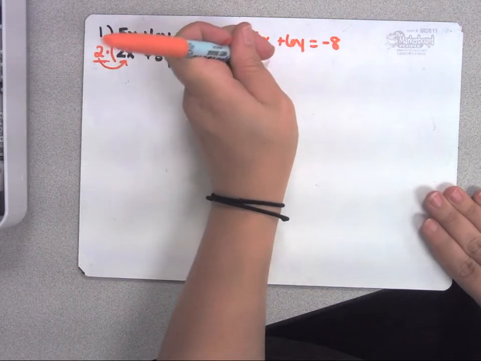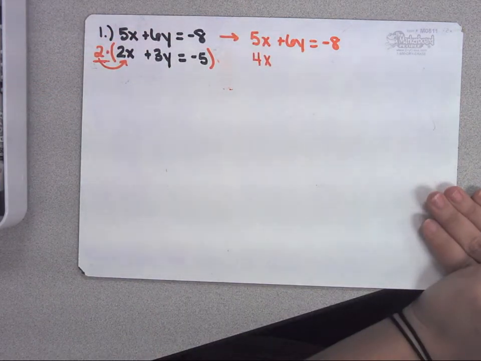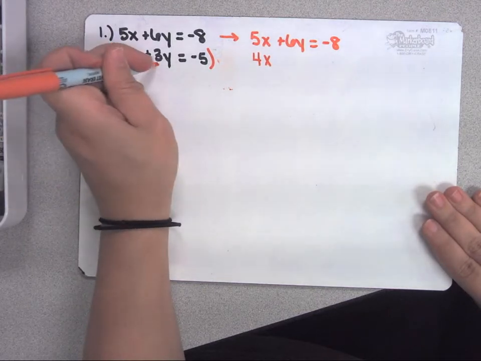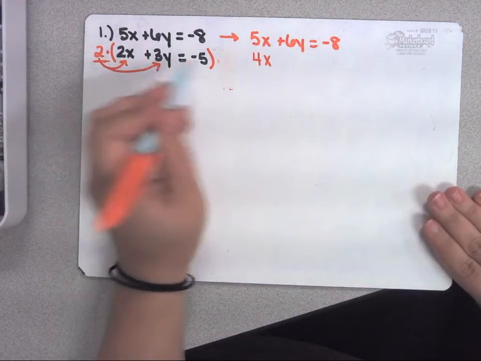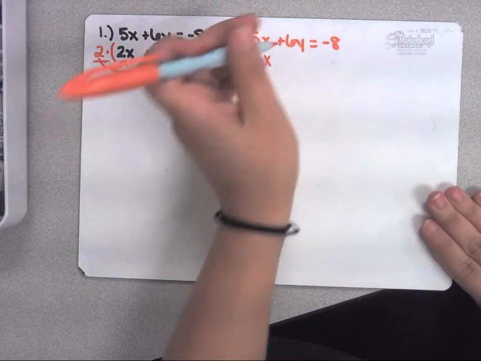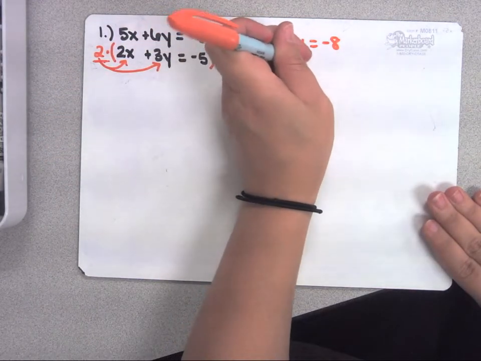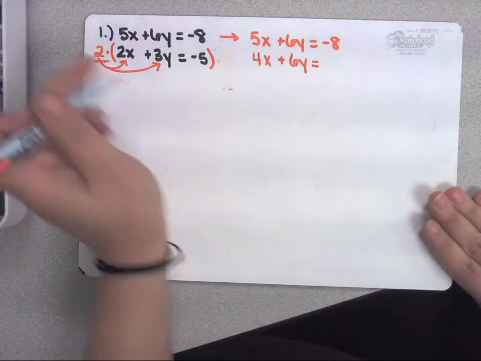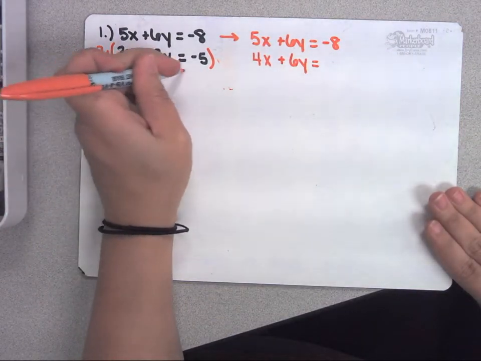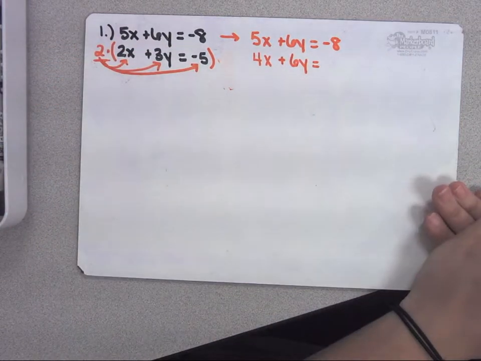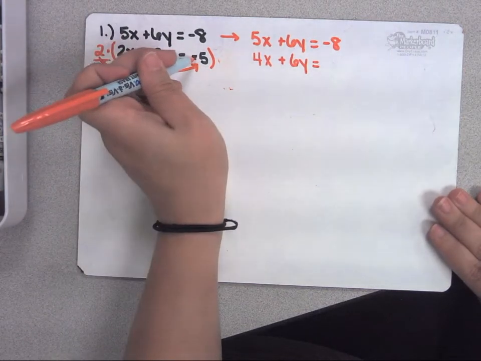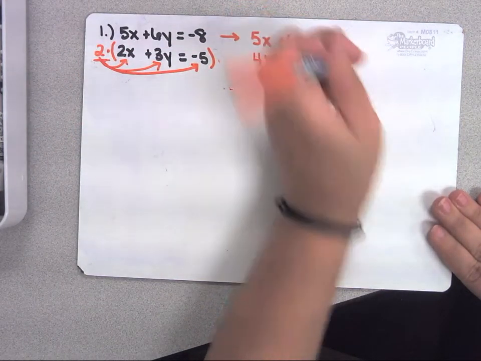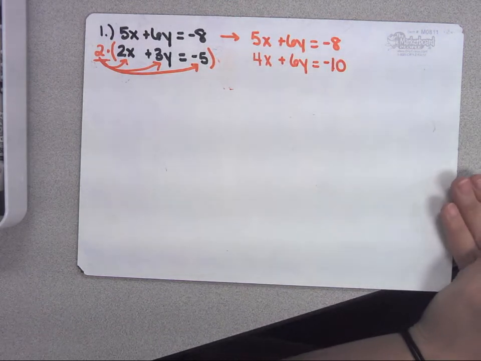So I'm going to put 4x right there. Then I'm going to take 2 and multiply it times 3y. What's 2 times 3y? So I'm going to put positive 6y. My equal sign doesn't change. And then I have the last number. A lot of people forget this last number. Don't forget it. 2 times -5. -10. So you have to multiply all of it.